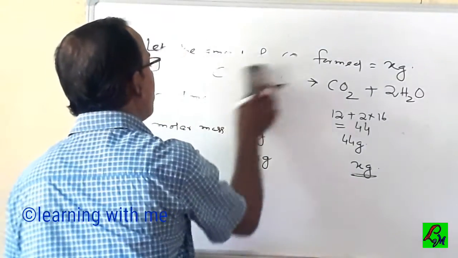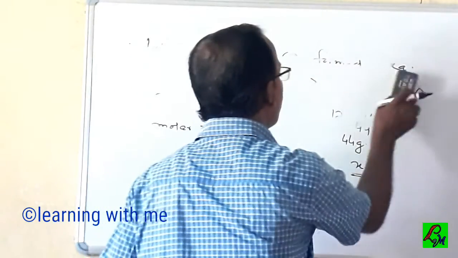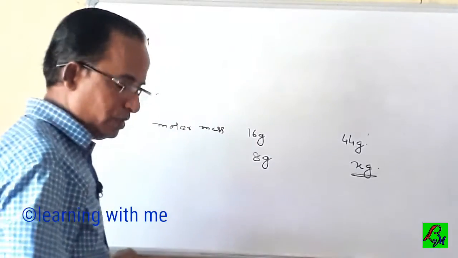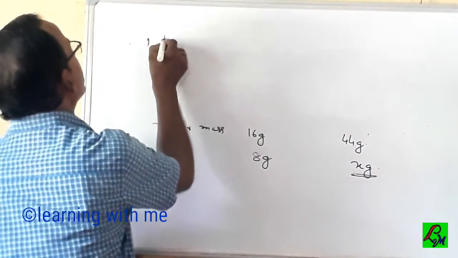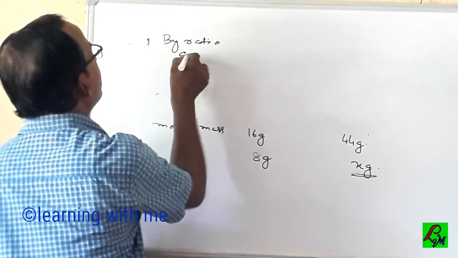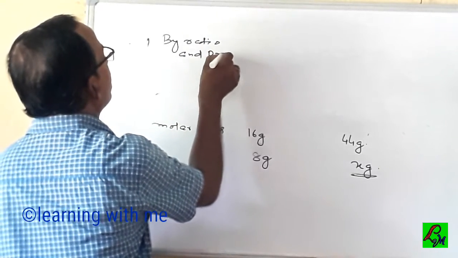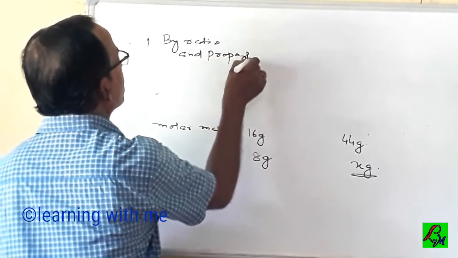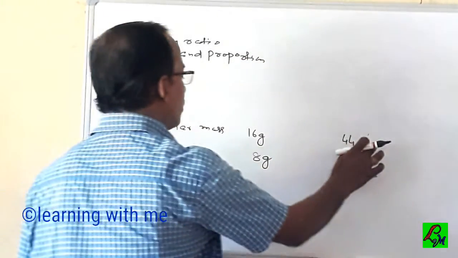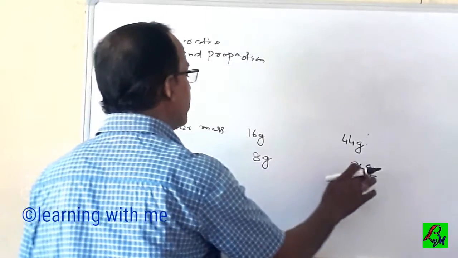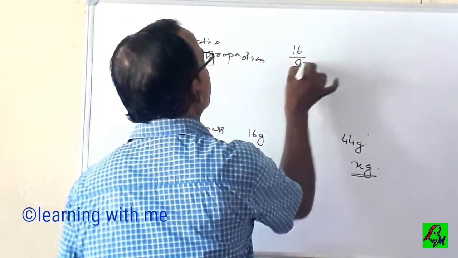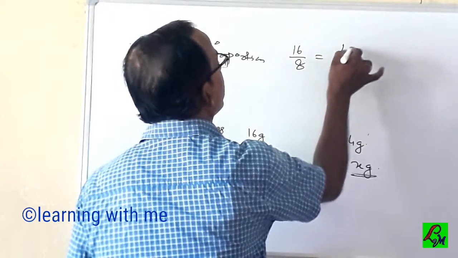By ratio and proportion method, 16 gram produces 44 gram, 8 gram produces X gram, that is 16 by 8 equal to 44 by X.